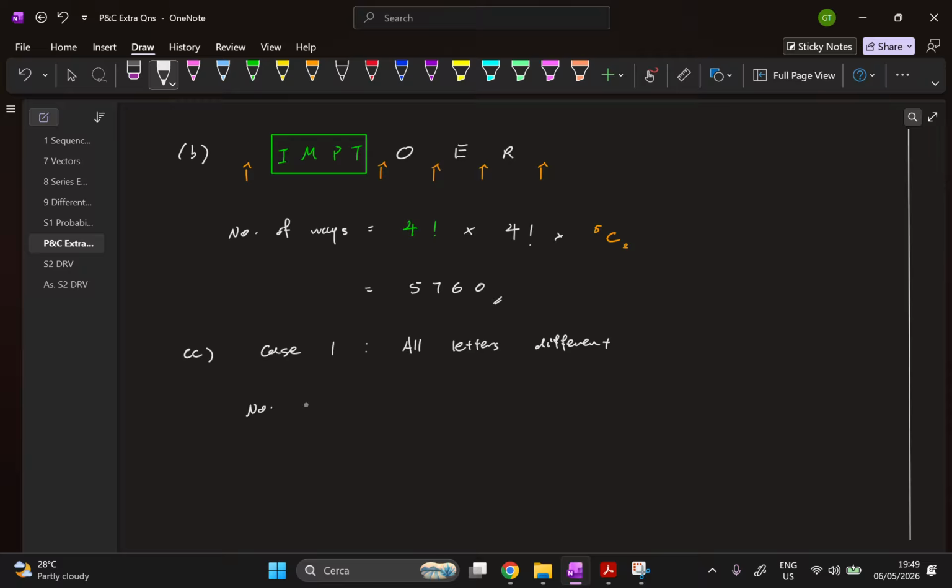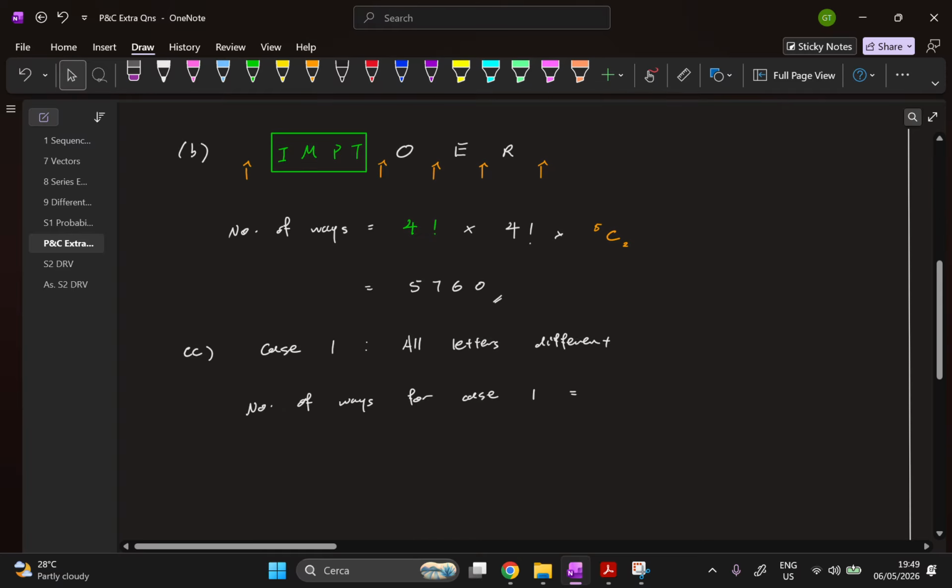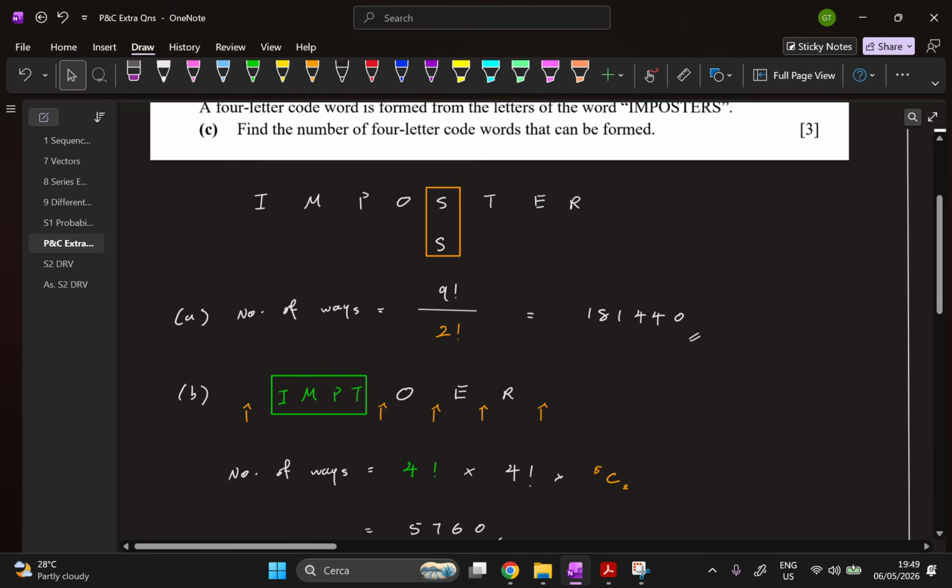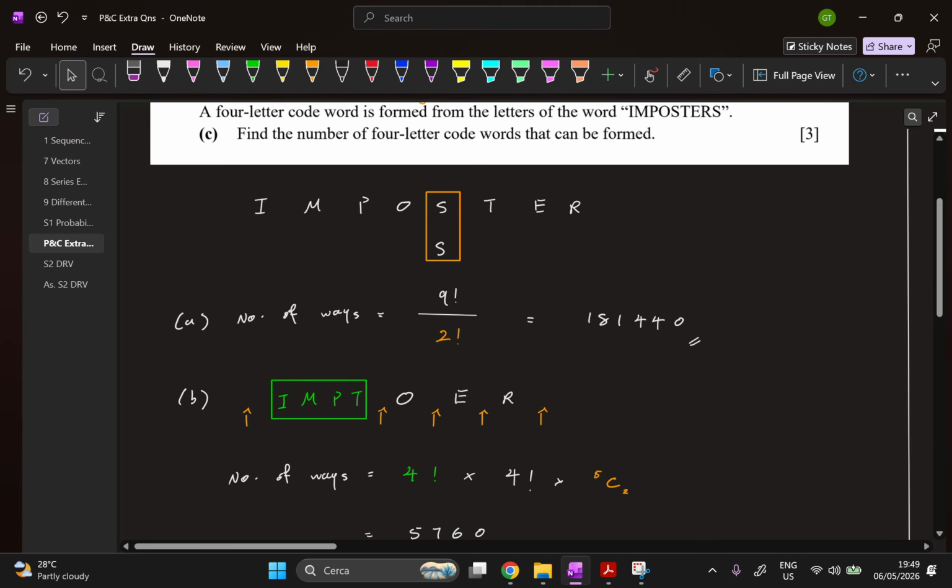So the number of ways for case 1 is going to be, I have 8 distinct letters to choose from, right? Because I can only choose from these 8 on top in order for all 4 letters to be different.